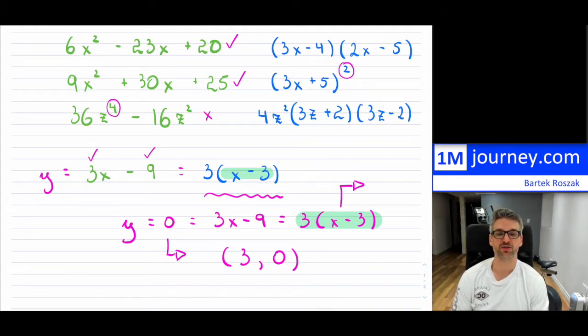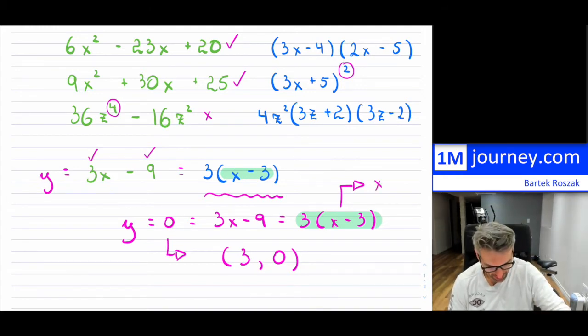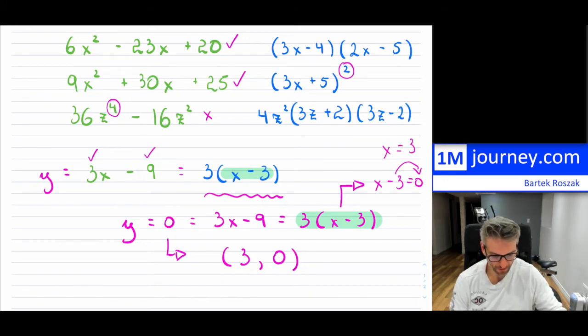That x minus 3 right here, if you set that to 0 and move this over to the other side, you will get x is equal to 3, which is the x-intercept on our graph.